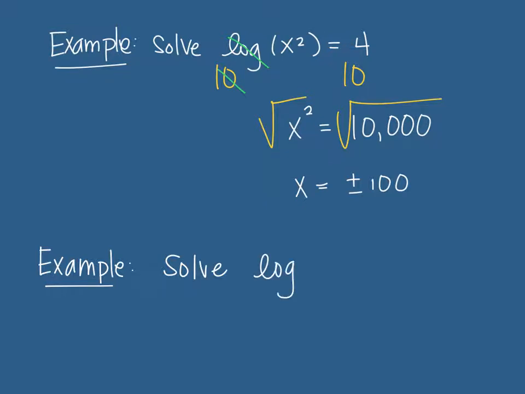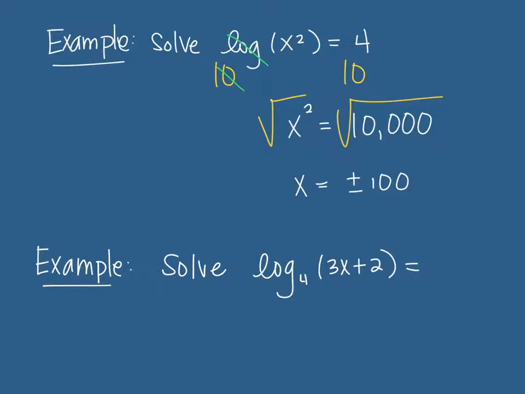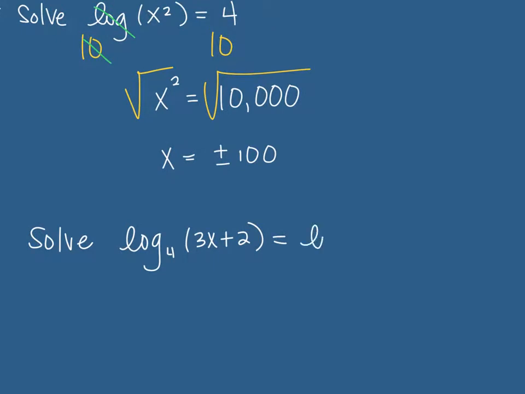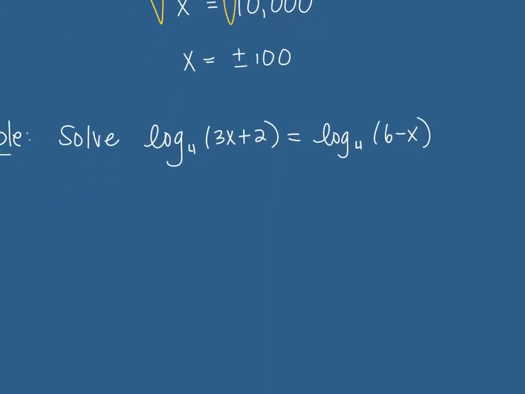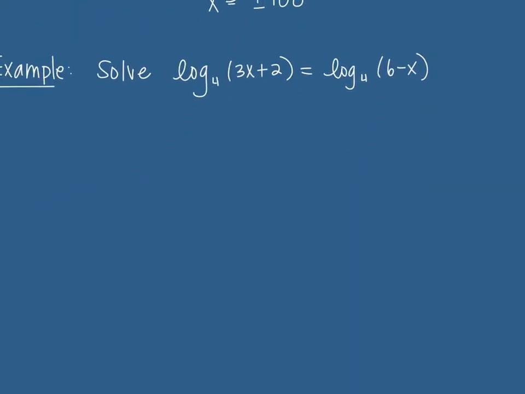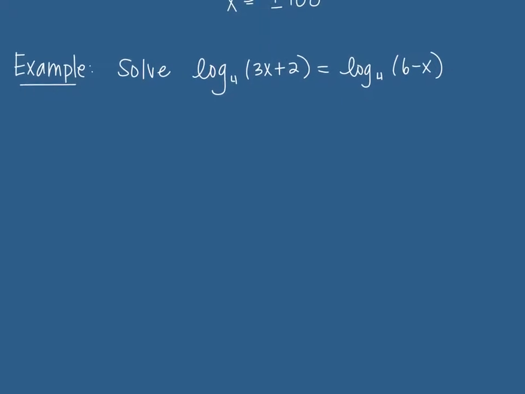Okay, this problem. The log base 4 of parentheses 3x plus 2 equals another log base 4 of 6 minus x. Now this time I've got logs on both sides. So I've got to get rid of both of them.